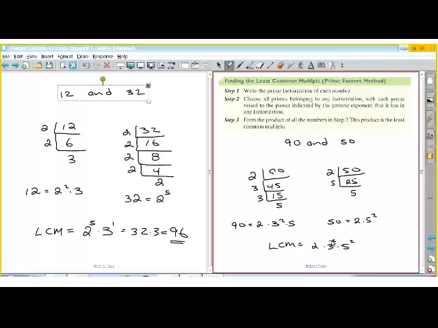And for 5, the largest exponent is 2. Again, they don't have to be in both of them, they just have to be in one of them. And then you pick the largest one. So that'll be 2 times 9 times 25, which is 450. So 450 is the least common multiple.